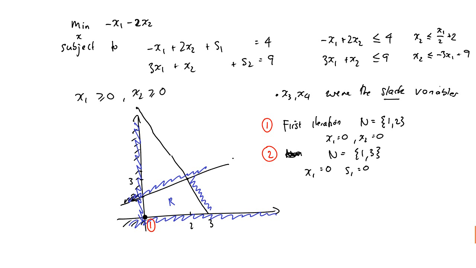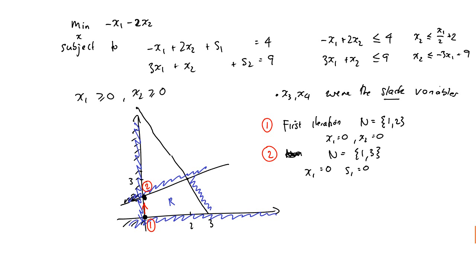Okay, so S1 is the slack variable corresponding to this constraint here. And if the slack variable is 0, then it means we're on this constraint, on the line. Okay, so we moved along here to this point here. And that was where we got to at iteration 2.